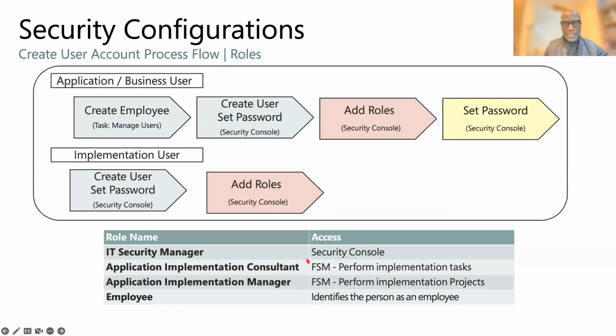For example, you've got the IT security manager, you've got the application implementation consultant, which gives you access to perform a lot of the implementation tasks. You've got the employee, which identifies the person as an employee. So when you create an implementation user, you can just go into Security Console, create a user, set the password, add the roles, and boom, you're ready to go. And then you can go on and create employees later on once you've created your users.